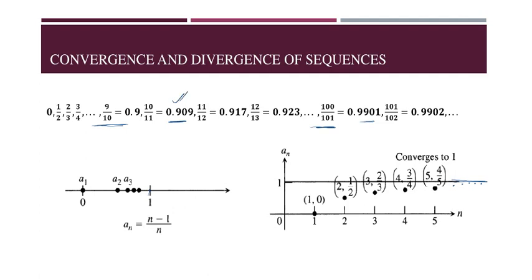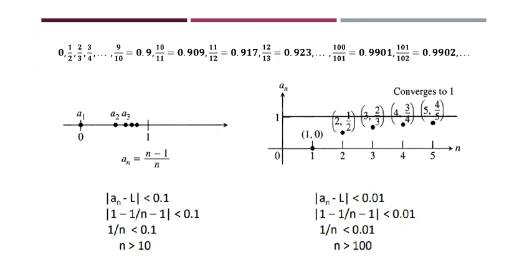So I can myself choose how close I can be to 1 depending upon how many terms of the sequence I am going towards. If I am considering 100 terms of the sequence, I am close to 1. But if I say I am going till 1000 or 2000, I will be even closer to 1. So this is how I want to define the definition of convergence.